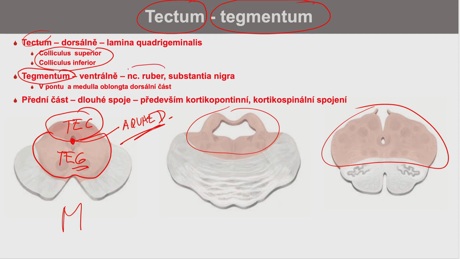It contains in the mesencephalon two important nuclei which are called nucleus ruber and substantia nigra. So red nucleus and black matter.